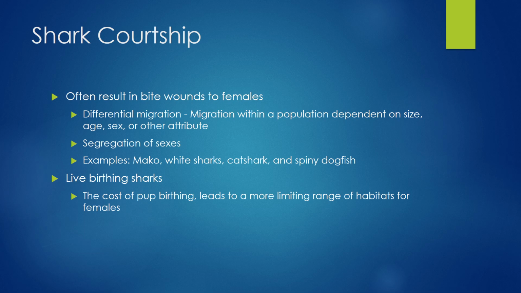Examples of sharks who experience this are going to be your mako sharks, your white sharks, cat sharks, and spiny dogfish. Live-bearing sharks have the cost of pup bearing, and this leads to them having a more limited range of habitat. This is also a type of differential migration.